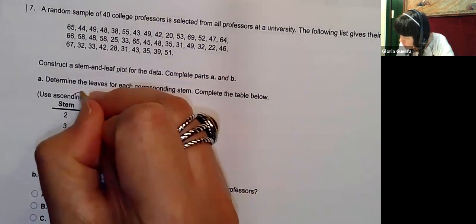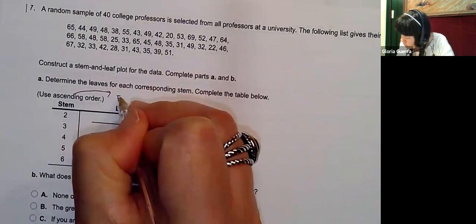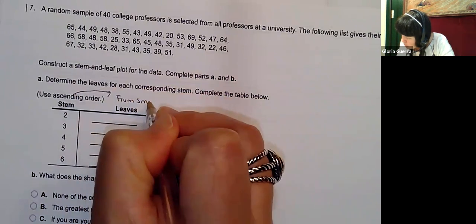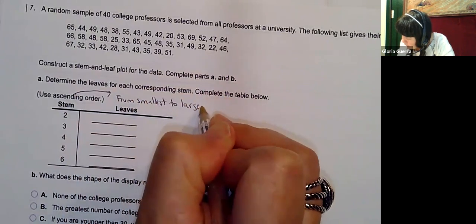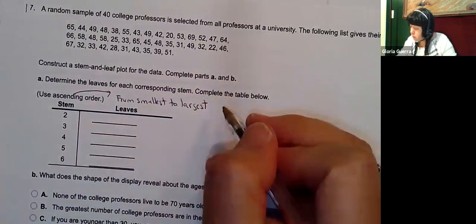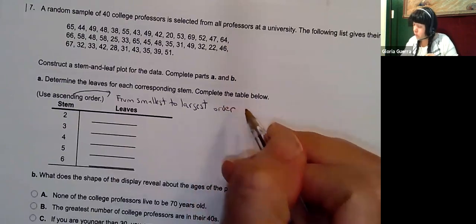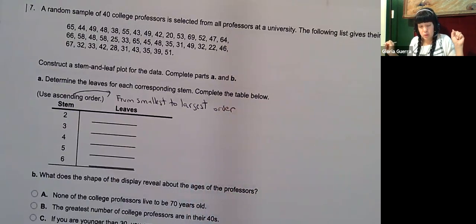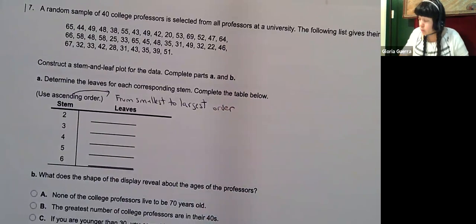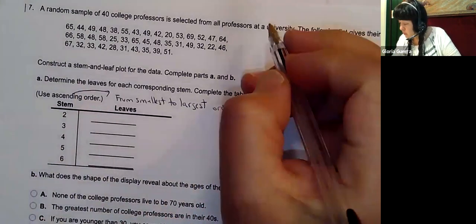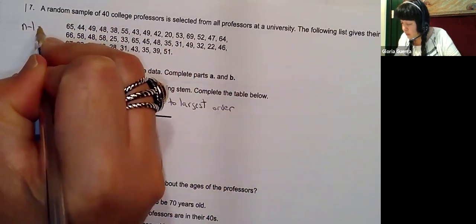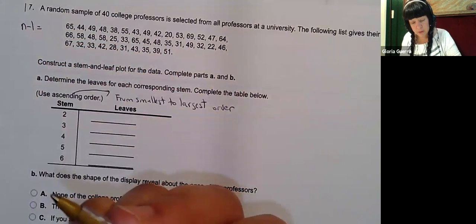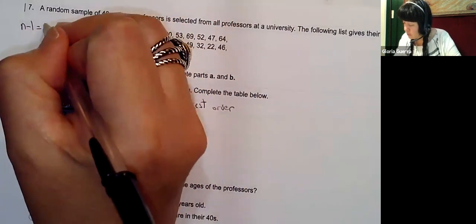So ascending means from smallest to largest order. Okay. All these have the stems already created, but usually we use the idea of n minus 1 equals the number of digits in our stem.